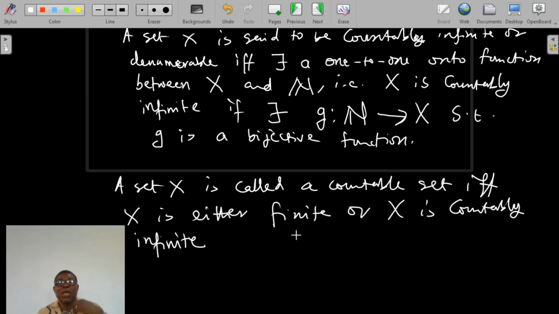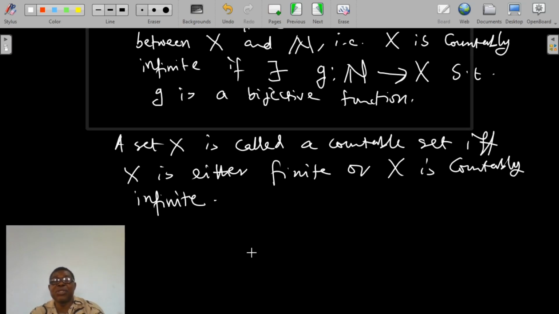So a countable set is a set that is either finite or countably infinite. That is to say that a set is countable if and only if it is either finite or it is denumerable.